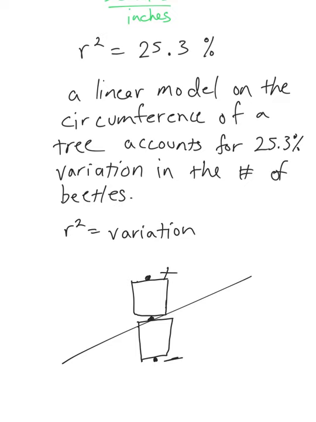So it's r squared because in mathematics, your positive and your negative will cancel each other out. In this case, we don't have zero variation. There's an actual top and a bottom from our different points.